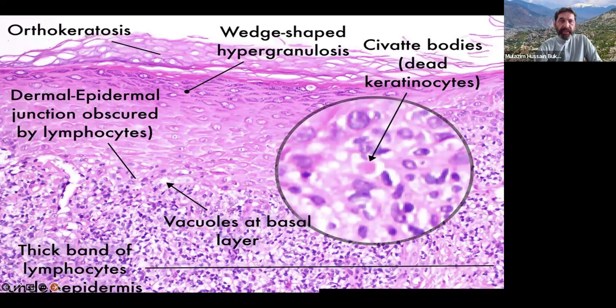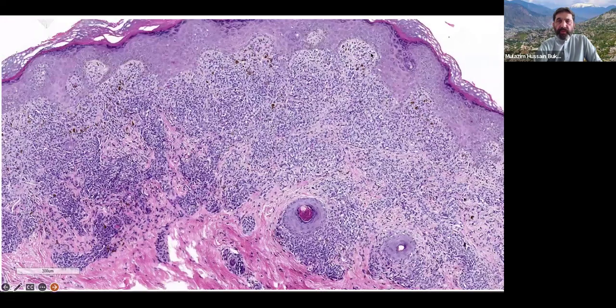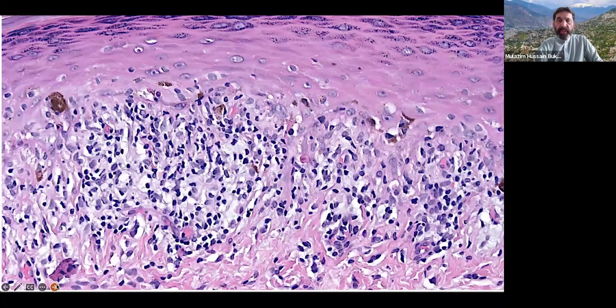I will highlight another slide, where the dermoepidermal junction is beautifully sawtooth-like, and if you see the granular area, there is hypergranulosis, but wedge-shaped. This is another characteristic feature. If you see here on the vessels and the adnexa, you see the same changes at the dermoepidermal junction. And these are some melanocytes.